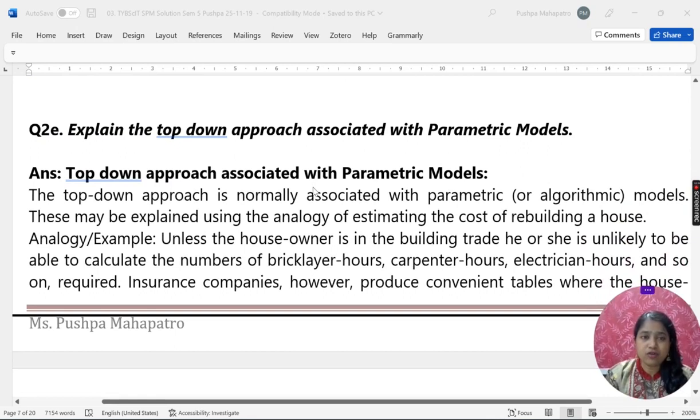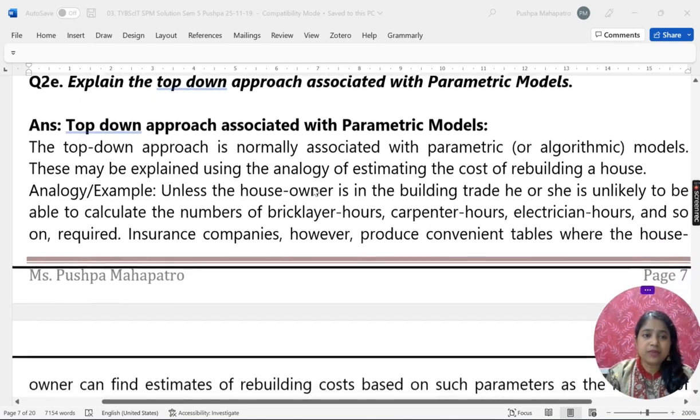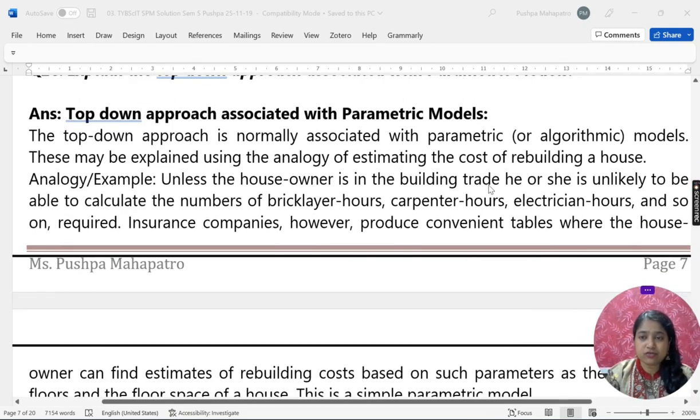Explain the top down approach associated with parametric model. तो top down approach क्या है कि normally it's associated with the parametric model, and what we do is we try to take the estimation of the entire project. Then we try to estimate what are the different tasks and what is the time required for each task, and we divide from top to bottom.